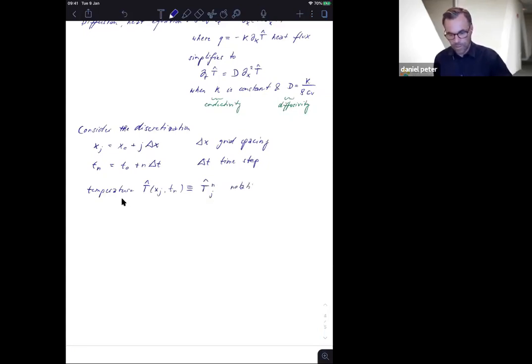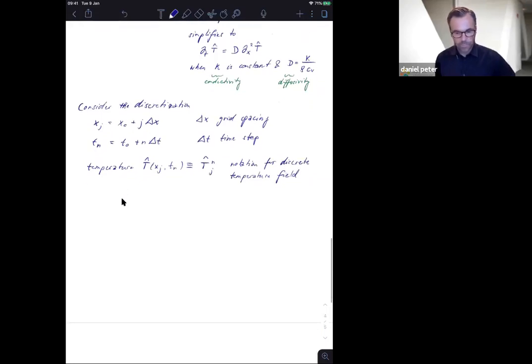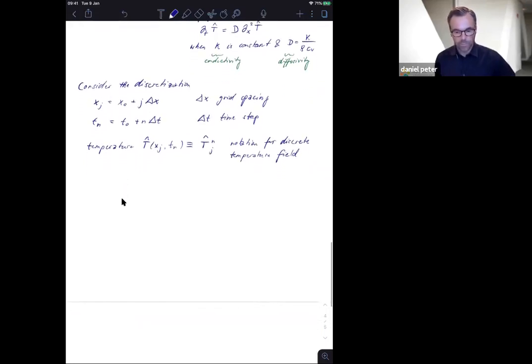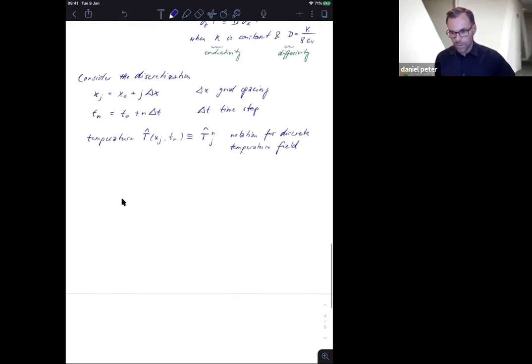That's our notation for a discrete temperature field.